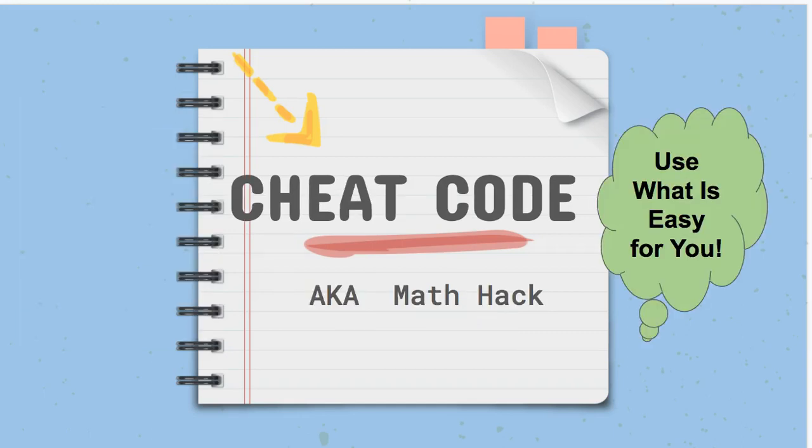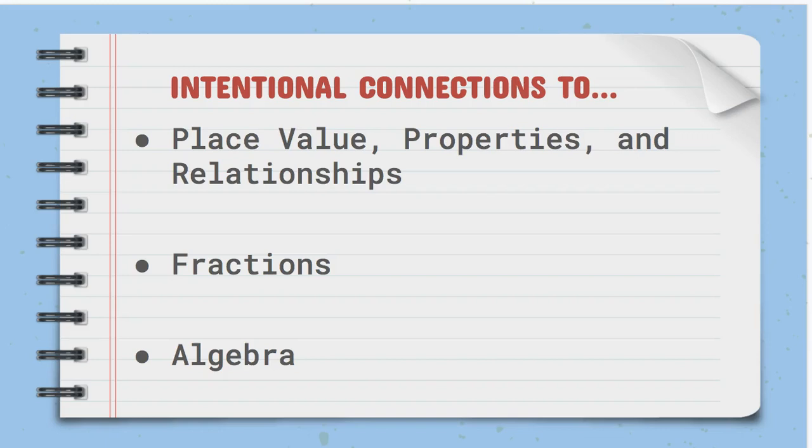Hey, use what's easy for you. Use what you already know about multiplication as you step into multi-digit multiplication. All right? These intentional connections, the math hacks, the cheat code, relate to place value properties and relationships.